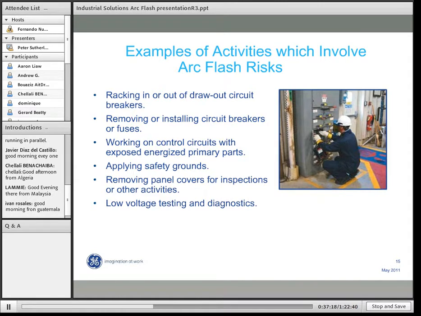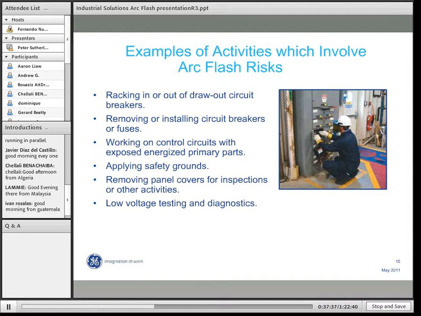There might have been some source of voltage that you missed, or somebody turned on some switch, cut a lock on a bolt that you had locked out and turned it back on again. So you have to take extreme caution when applying safety grounds.